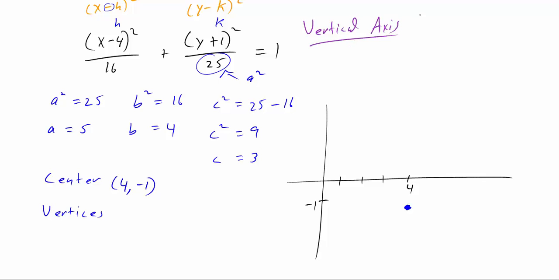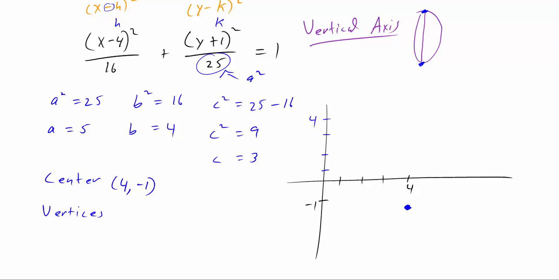So our ellipse is going to go this direction. Our vertices are going to be here at the bottom and the top of the ellipse. In this case, our a value is 5, so we're going to need to go up 5 units.